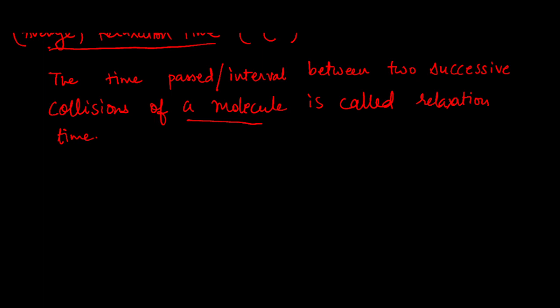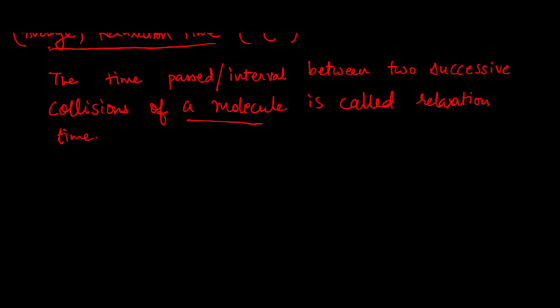Okay, then the next thing, let me explain relaxation time. You see, it would definitely have taken some time. Listen to this carefully. This molecule dawn, don't forget, dawn is making the white line. Dawn would have taken some time to travel from here to here, correct?